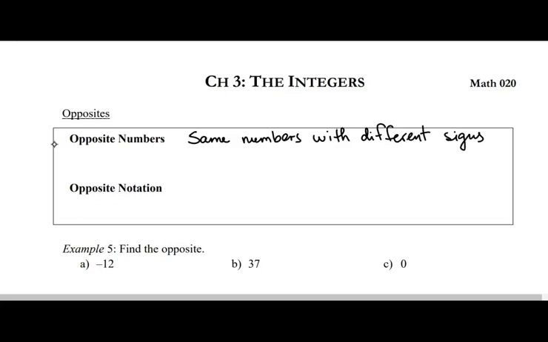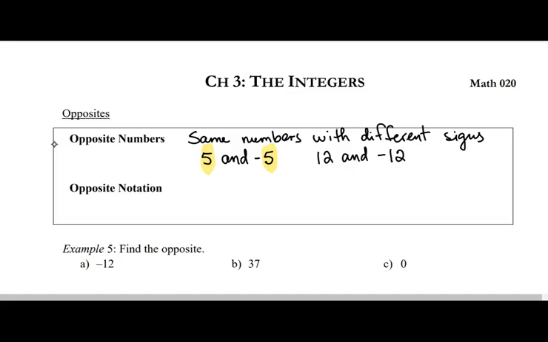For example, 5 and -5. In terms of numerical value, you have 5 and 5, but one is positive and one is negative. Another example could be 12 and -12. Again, the numerical part of the number is the same, but one is positive, one is negative. So those are the opposite numbers.